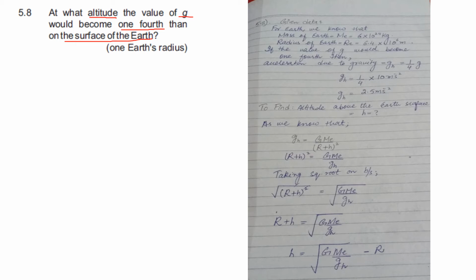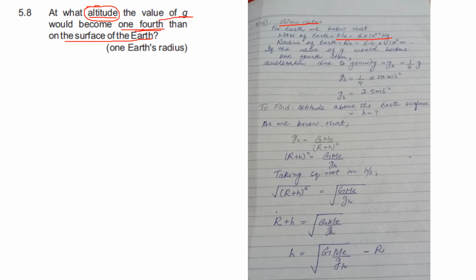So it is mentioned over here that if the value of g will be 1/4 of that on the surface of the earth, what will be the value of altitude. So according to the problem, first of all we have to write the given data. For the earth, we know that the mass of earth is always equal to Me, that is 6 into 10 raised to power 24 kg.